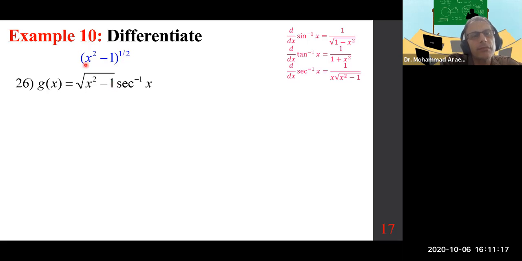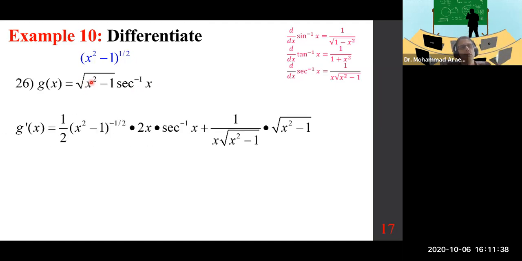1/2 x squared minus 1 to the power of negative 1/2 times 2x, and then times secant inverse. Now what about secant inverse? Just write this one times the first piece. So let's quickly recap.